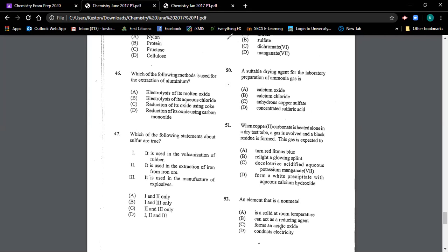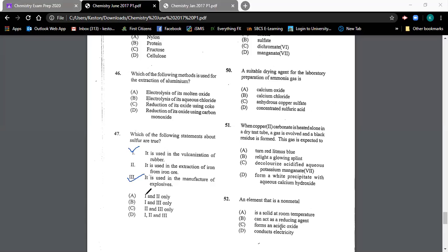We know it's not using the extraction of iron, as I was saying last time, so we could go with the process of elimination and take that out. So we want 1 and 3 only, which is B.